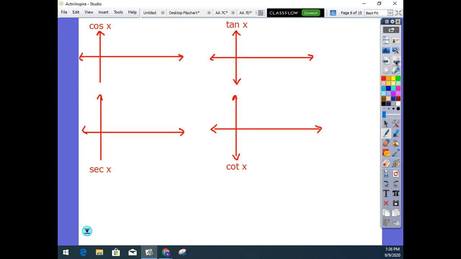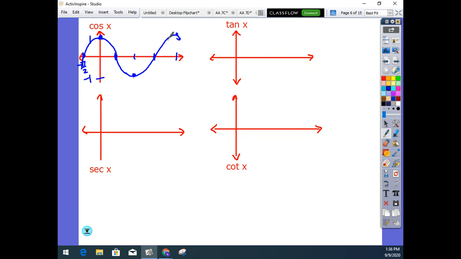All right, cosine and secant. I'm going to come back for cosine also. 1, 2, 3, 4, -1, 1. Cosine starts at 1, goes down. Be really careful when you draw the cosine curve, because you want to make sure here you come back down.